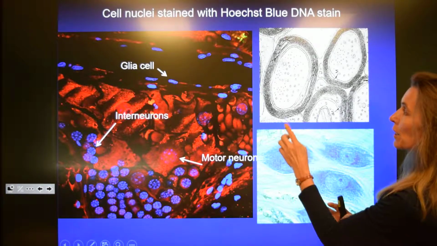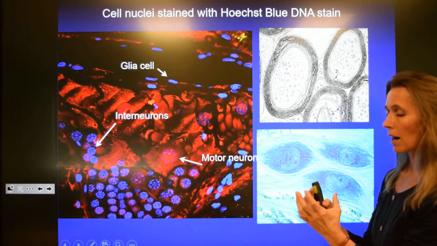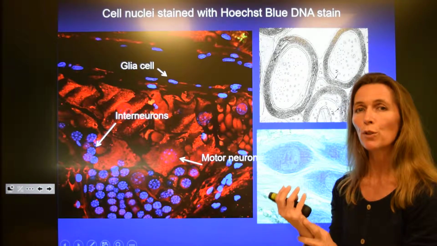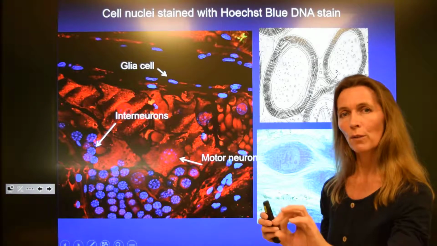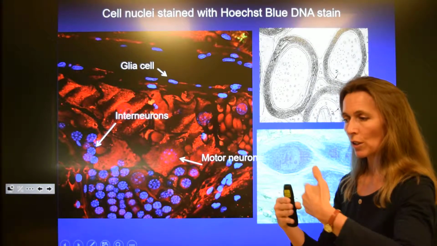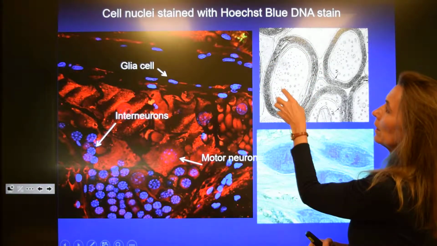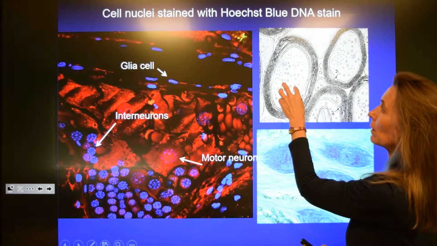There are other cells like these glial cells, and glial cells are insulating cells that wrap themselves around neurons, pretty much like the insulation around a copper wire in an electric wire. The insulation would be those glial cells, and the neuron would be your copper wire.